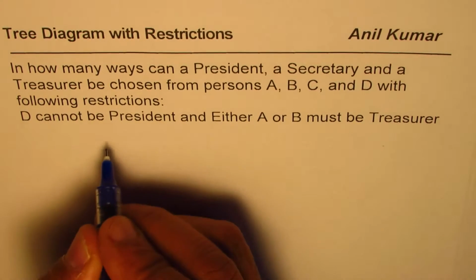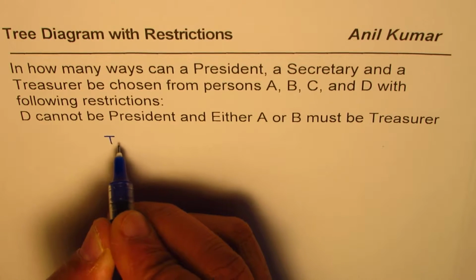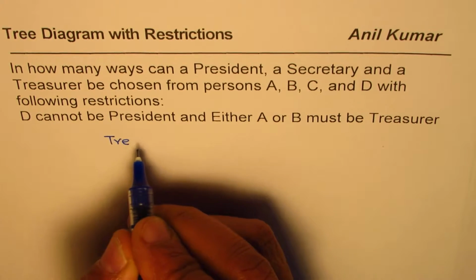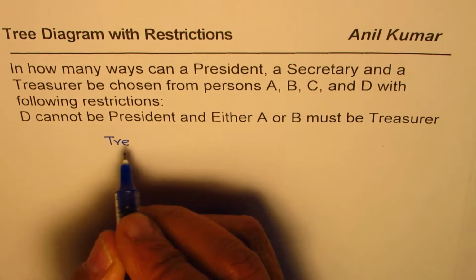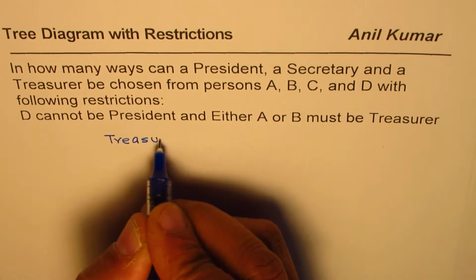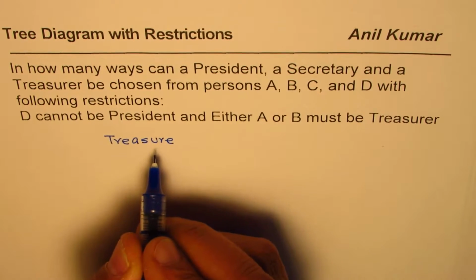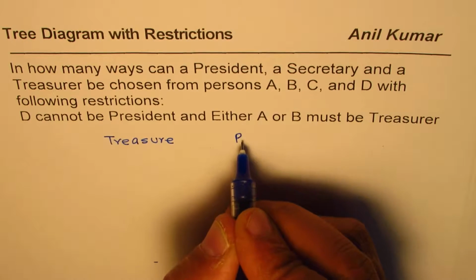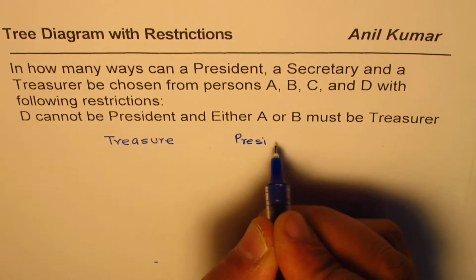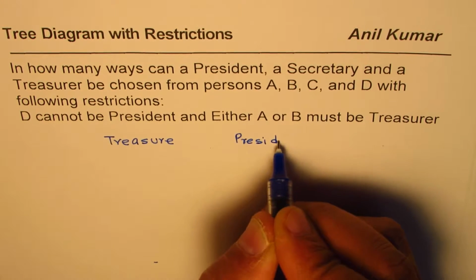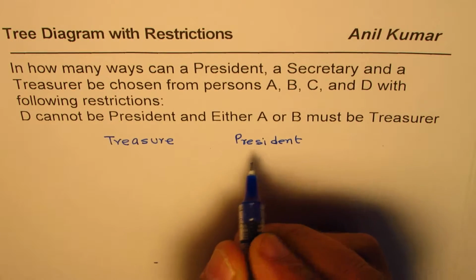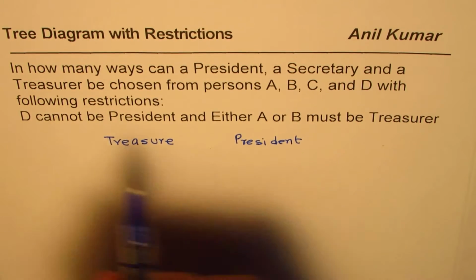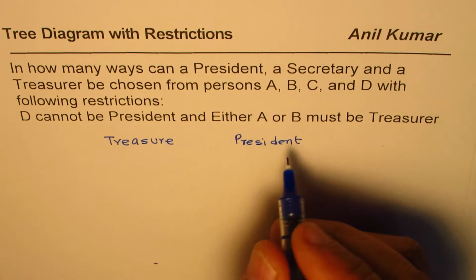So let's begin with selecting the treasurer first, right? We don't have much choice there. It's either A or B. So we'll start with treasurer. And after treasurer, we'll select the president, and then we will see who can be the secretary. So that is the way to approach making a tree diagram with restrictions.